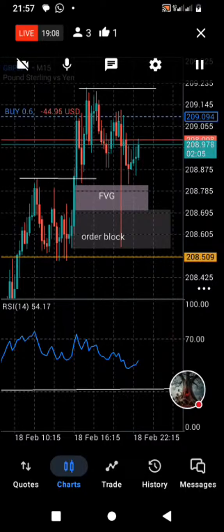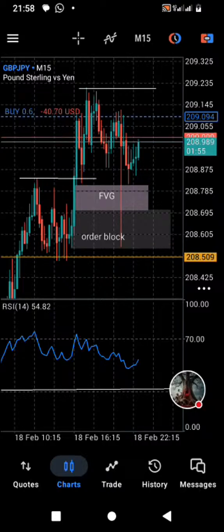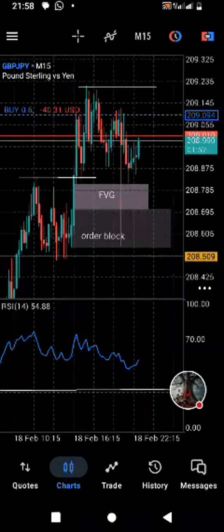The order block here has been mitigated already. This is a 15-minute time frame. The order block here has been mitigated, and there's a confirmation of that reversal.